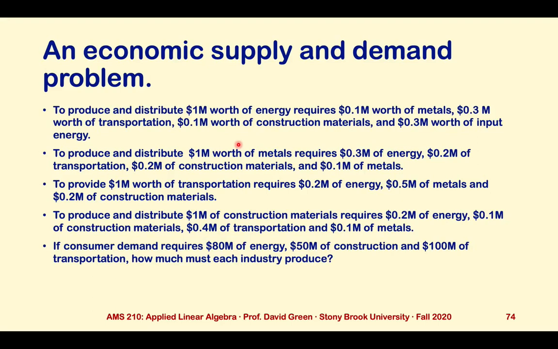The idea is that we break an economy into sectors, commodity areas, and think about what are the costs in terms of materials from other sectors that are required to produce that material. So, for example, to produce $1 million worth of energy might require $0.1 million worth of metal, $0.3 million worth of transportation, $0.1 million worth of construction materials and labor, and $0.3 million worth of input energy, right?